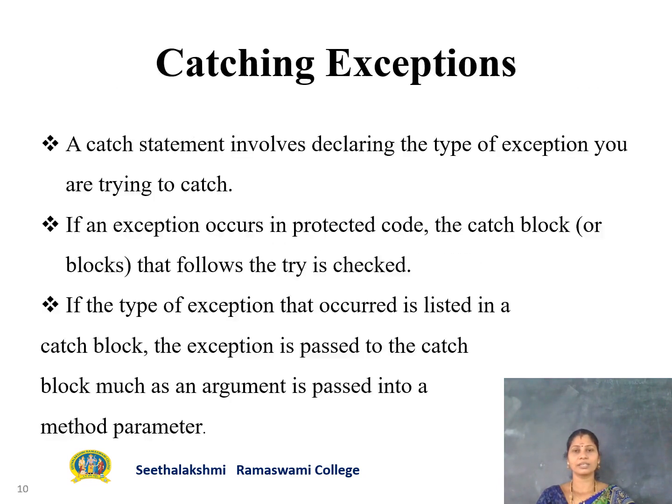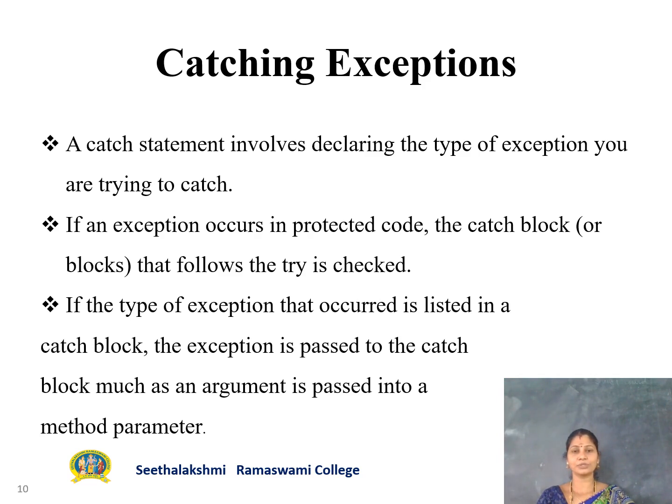Catching exception continuation. A catch statement involves declaring the type of exception you are trying to catch. If an exception occurs in protected code, the catch block or blocks that follow the try are checked.